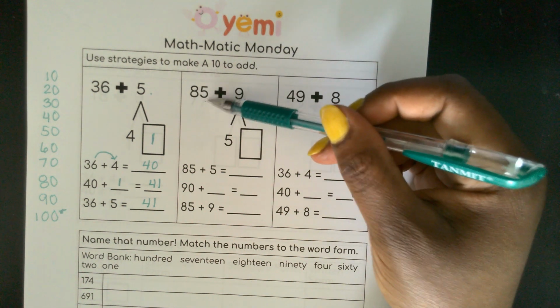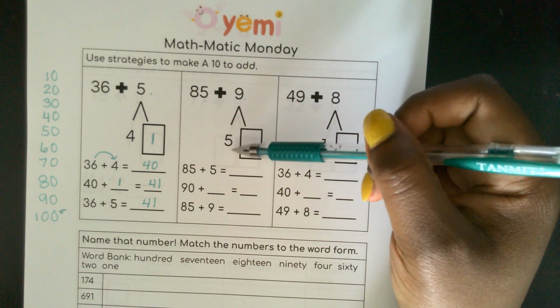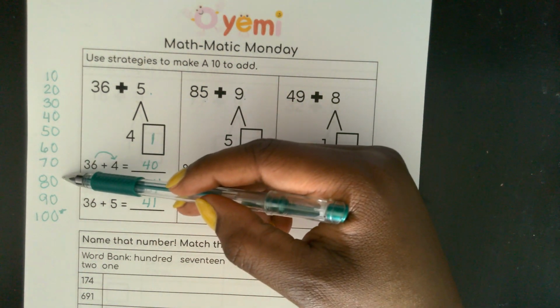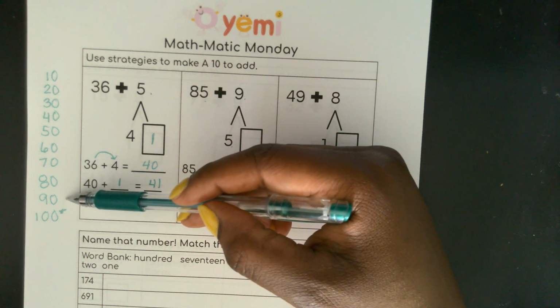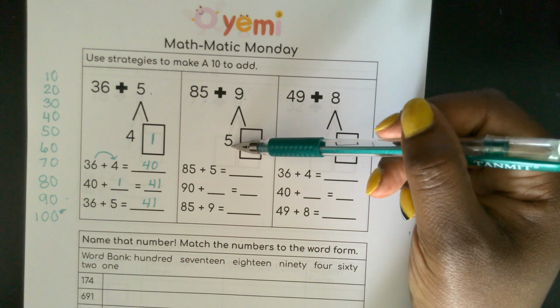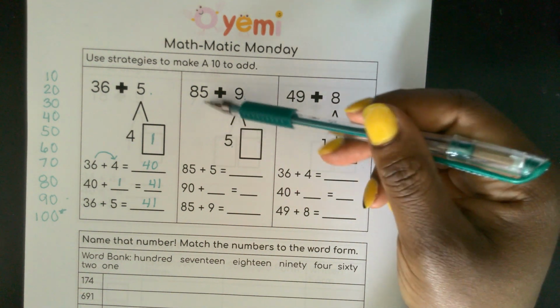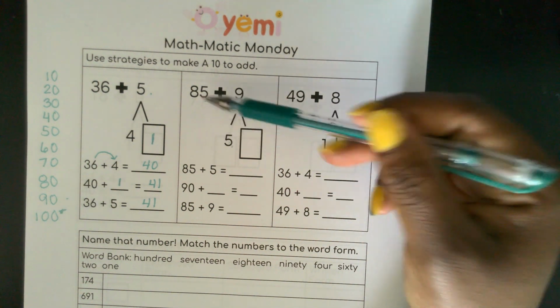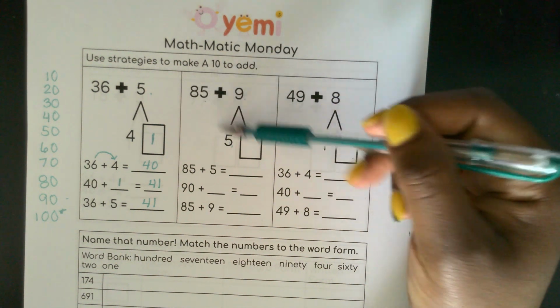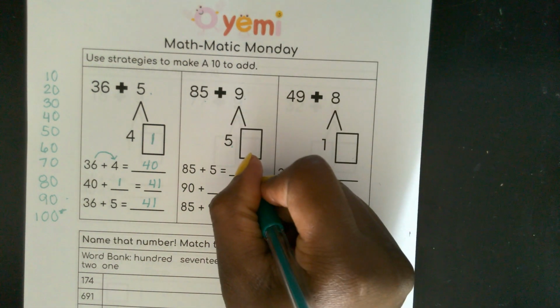How much more do I need to get to the next 10? 85, and the next 10 is 90. So I just need 5 more to get to 90. Because 5 plus 5 is 10, and 80 is already a 10. 80 plus 10 is 90.